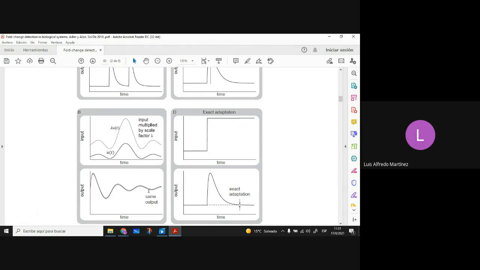The first dynamical measurements that explicitly demonstrated FCD in dynamics were presented by the Shimizu laboratory using E. coli chemotaxis by means of a microfluidic setup.